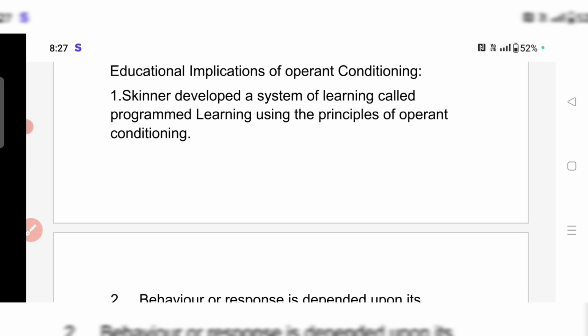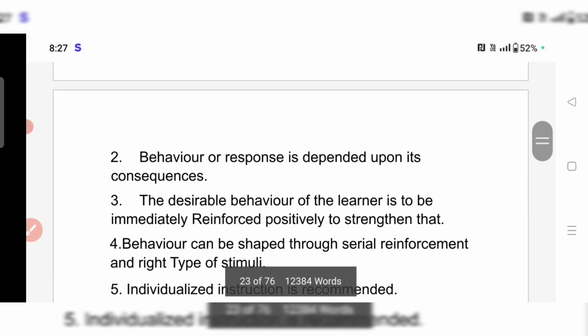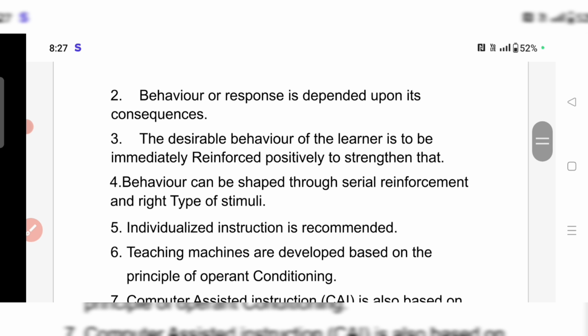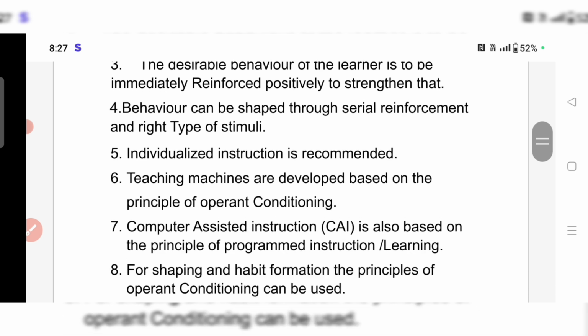The educational implications of operant conditioning: Skinner developed a system of learning called programmed learning using the principles of operant conditioning. Behavioral response is dependent upon the consequences. The desirable behavior of the learner is to be immediately reinforced positively to strengthen it.